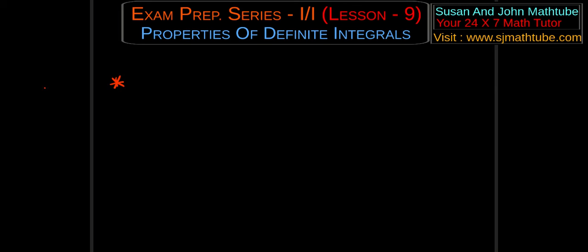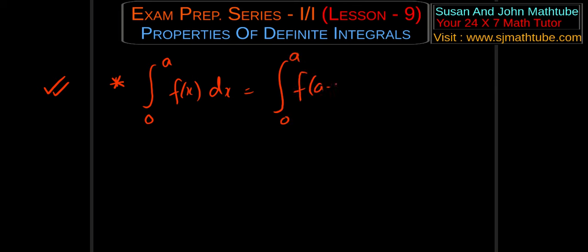Now the most important thing that is especially important for your syllabus or for the examination is integral 0 to a f of x dx is the same as integral 0 to a f of a minus x dx. So we are going to do most of the problems based on this property.